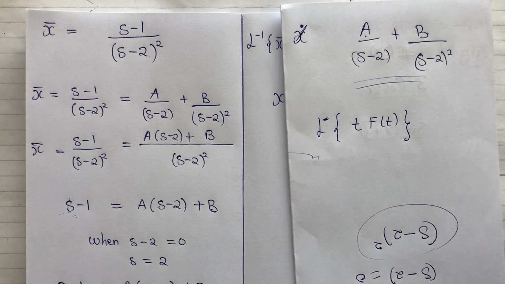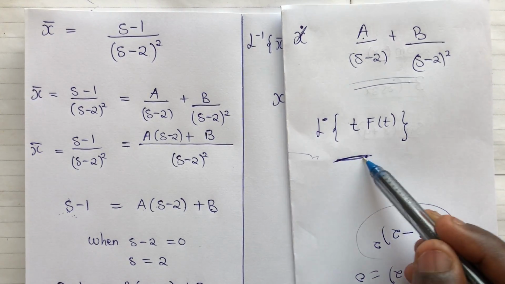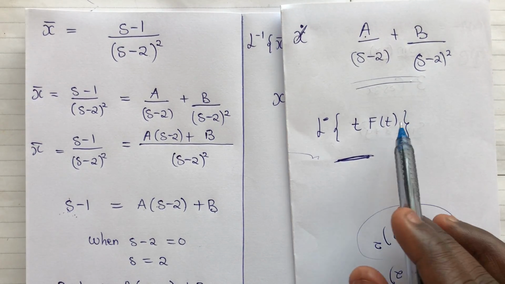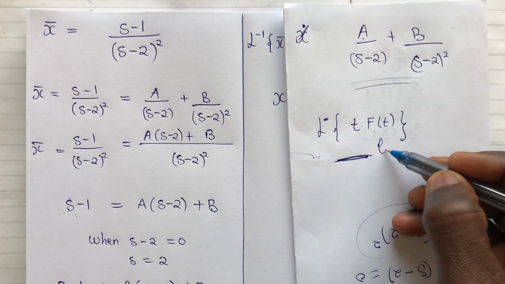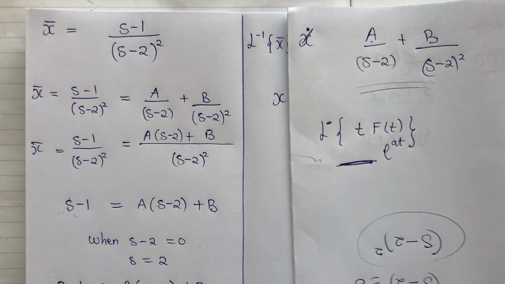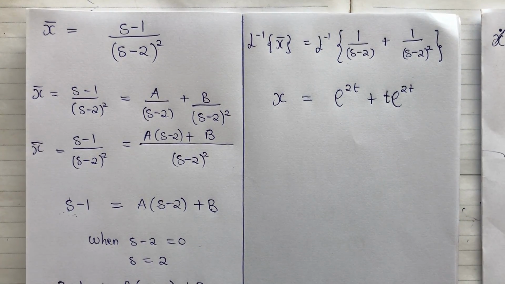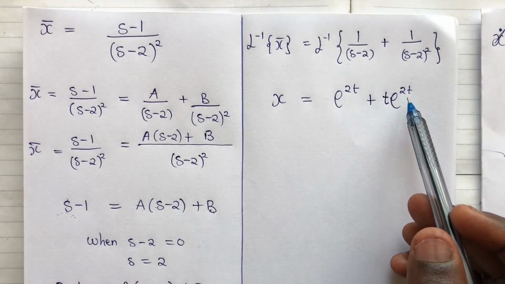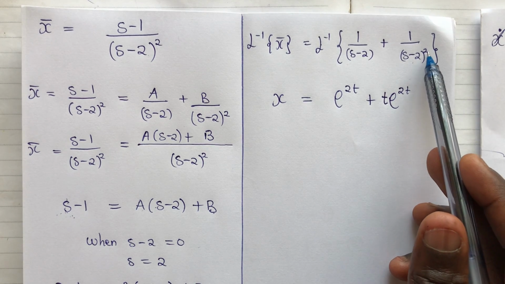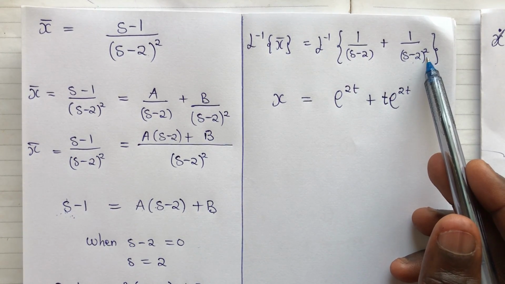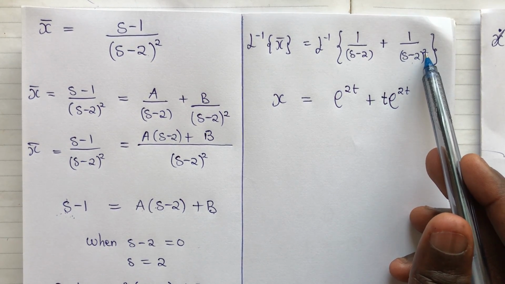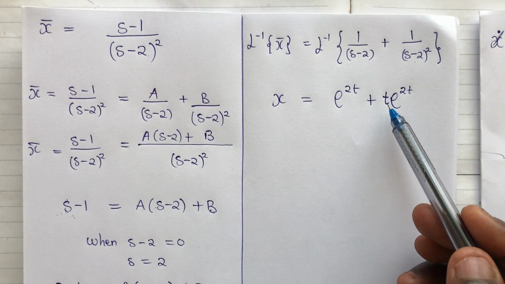I think this rule is coming from multiplying by t: the Laplace transform of t times a function f of t, where f of t here stands for e to the power at. I'll try my best to see if I can put this on the channel. So anytime you find something like this, you multiply by t. If this side is cubed, I've not really read about that. Usually I come across 2. So if it is squared, you use the multiplication by t method.